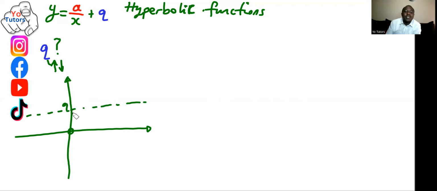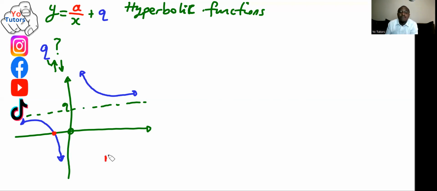Let's say this is our q. If it's positive, we will find it in this area here. But can you see now, we now have the new x-axis. So the new asymptote here is y equal to q.